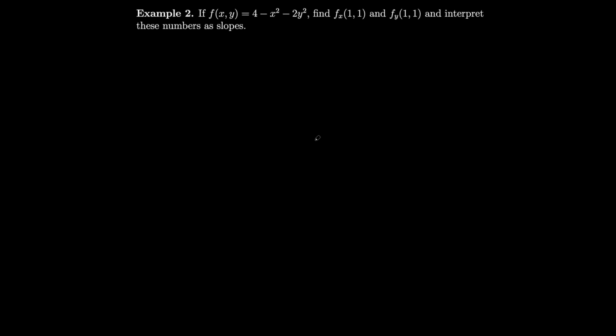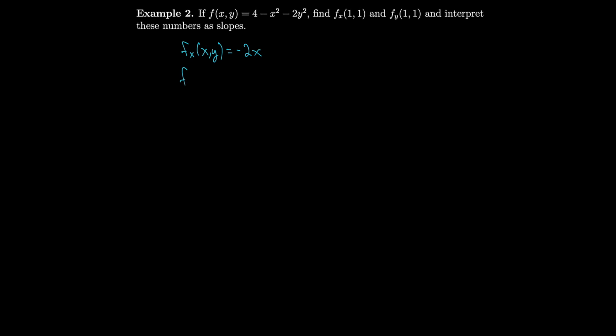Let's do another example and find some more partial derivatives and interpret their numbers as slopes. So we have the partial derivative with respect to x. Well, 4 is a constant, so it's gone. And 2y squared is constant, so it's gone. So we just have minus 2x.